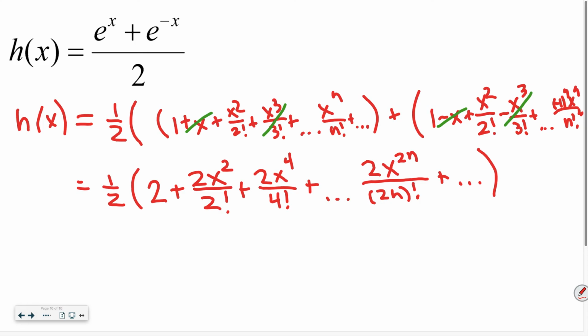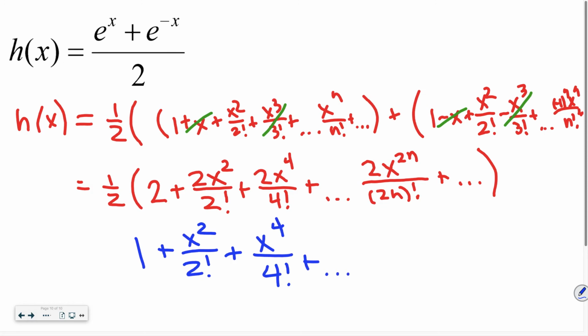So then Zane, what happens with the 1/2? It applies to the inside and cancels out all those 2's. So when we distribute that 1/2 through, we get 1 plus x squared over 2 factorial plus x to the 4th over 4 factorial. And our general term would just be x to the 2n over 2n factorial.